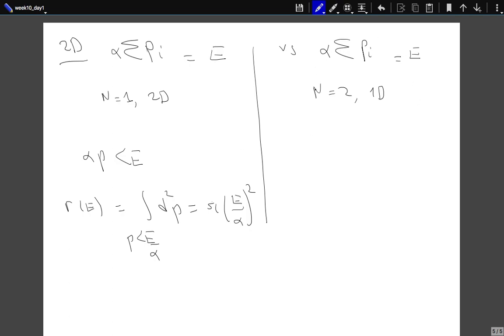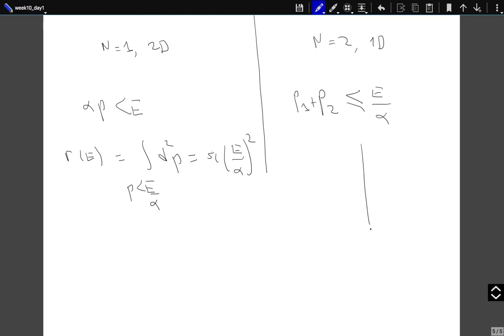Okay. Now let's look at this case. So basically the condition we have is p1 plus p2. We have two particles. This should be less than or equal to E over alpha. This is p1, this is p2.